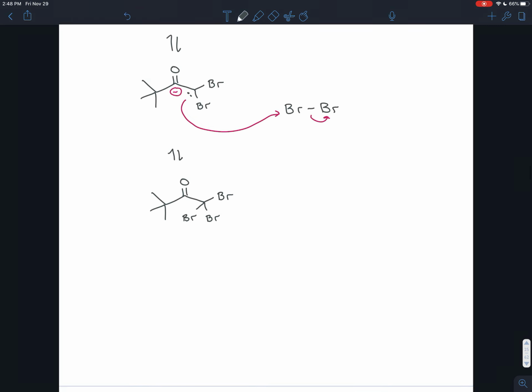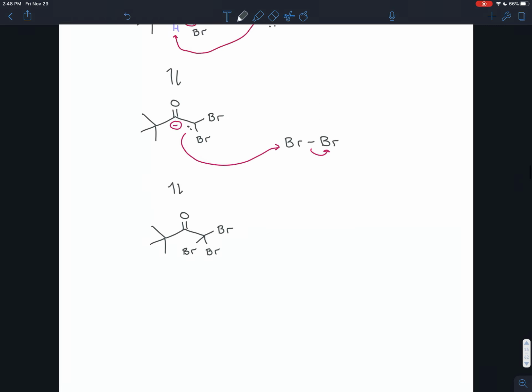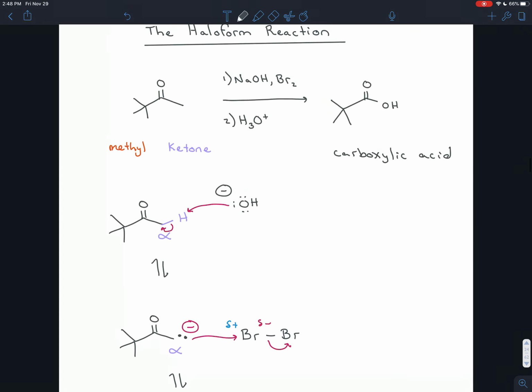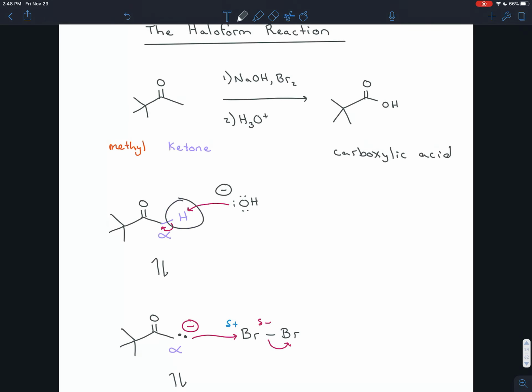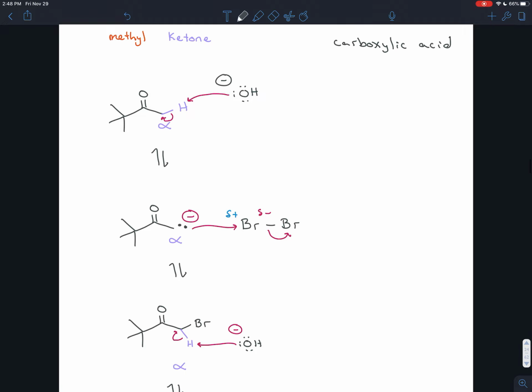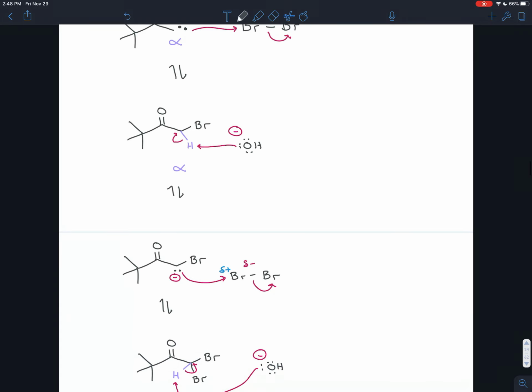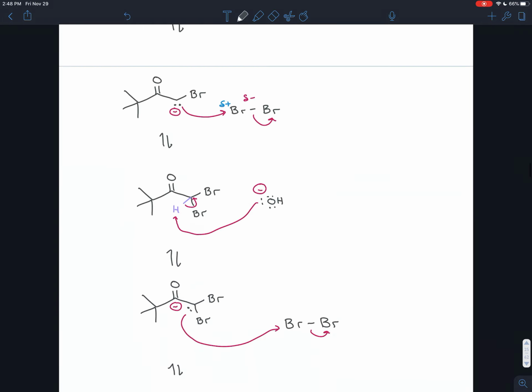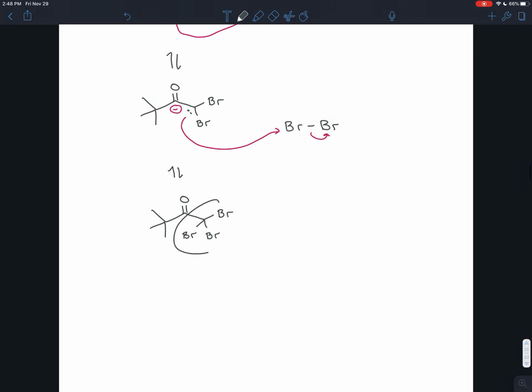Okay. So I guess that makes sense, right? I mean, if it makes sense that this alpha hydrogen is acidic, and once it's a nucleophile, it can attack a bromine, well, then it can make sense that that would happen 3 times if you have 3 hydrogens there, so that you replace all 3 of the hydrogens, in this case, with bromine.